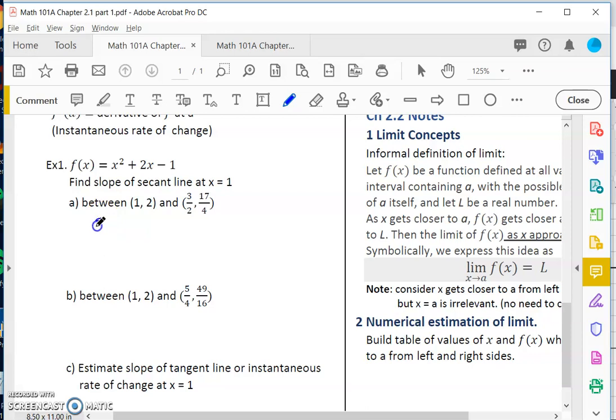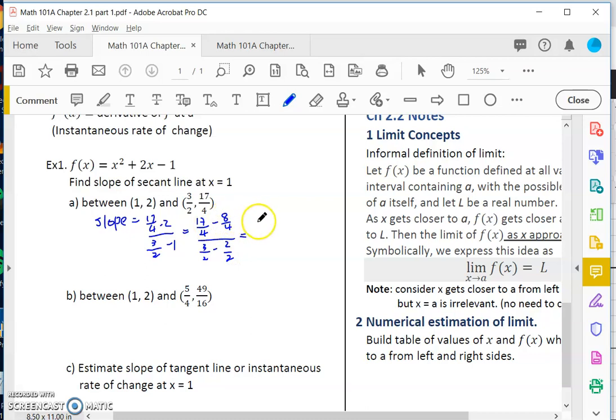So the slope would be equal to y2 minus y1, which is 17 over 4 minus 2, over x2 minus x1, which is 3 over 2 minus 1. For the fractions, just change 2 to 8 over 4, and 1 to 2 over 2.